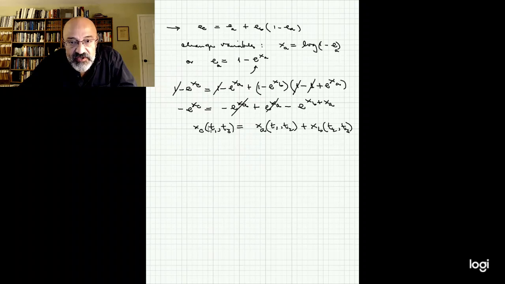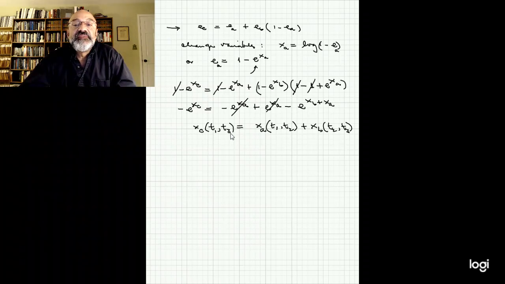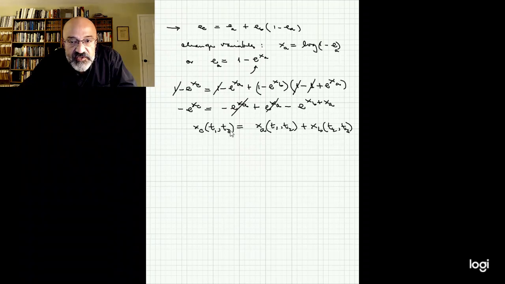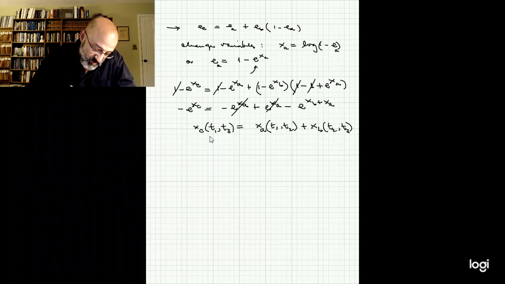So if I were to take a derivative, this is the way you always solve functional equations: you take derivatives and transform them into differential equations. So take a derivative of this with respect to T2 and you get a 0 there. So differentiate with respect to T2. On the left you get a 0.